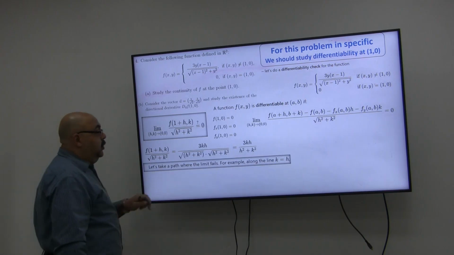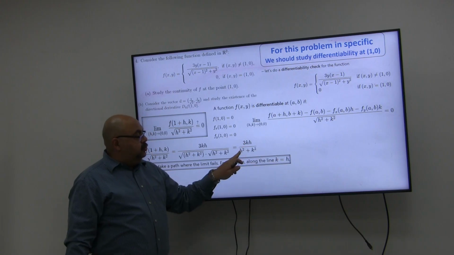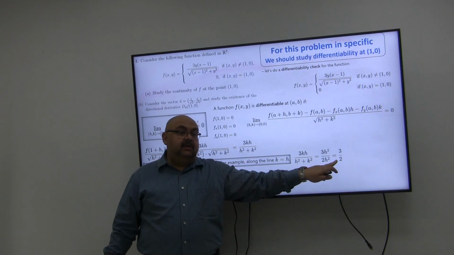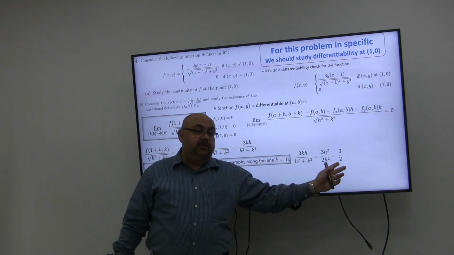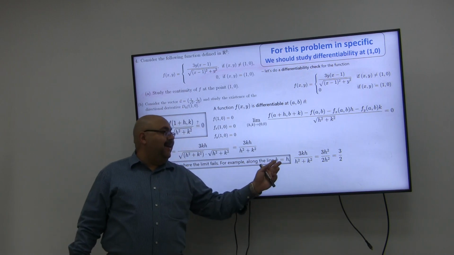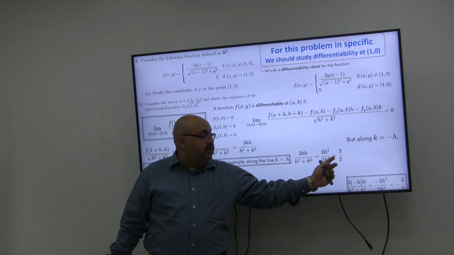If k is equal to h, this is going to be 3k squared over 2k squared, which means the value is 3 over 2. Am I right? It's not equal to 0, so the limit is not equal to 0. Another remark: if I use the line k equal to negative h, the value is going to be negative 3 over 2.